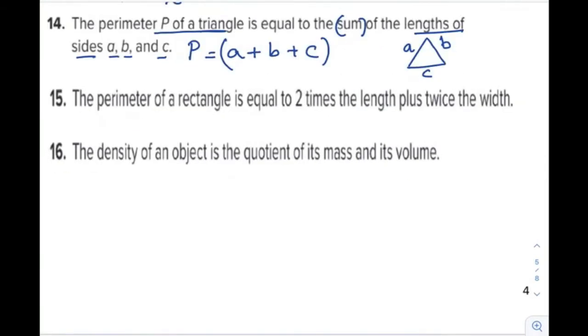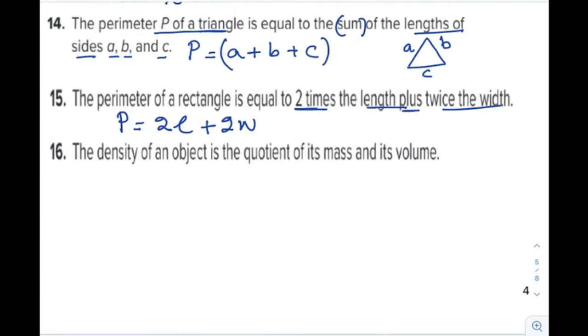Let's go to number 15. The perimeter of the rectangle, we just said it, is equal to 2 times the length plus twice the width.